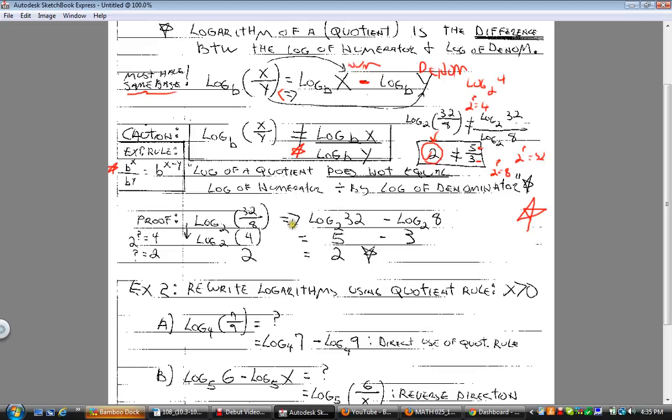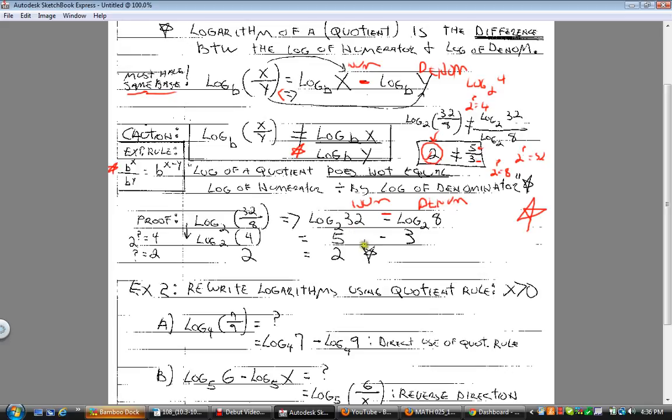And what I did was, an example, I took the log base 2 of 32 divided by 8, and I realized I've got a quotient in the result, or a fraction, and I separated it as the log 2 of the numerator minus the log 2 of the denominator. So here was the numerator, here was the subtraction that you must have, and here was the denominator.